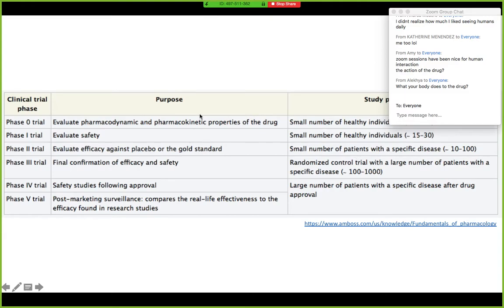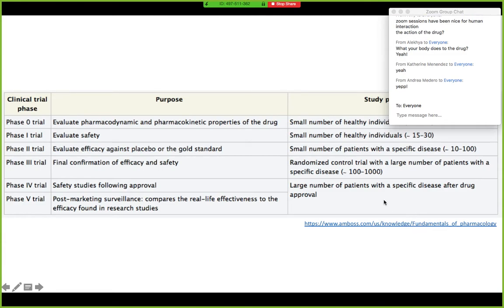Okay, so I got this chart from Amboss, and did anybody watch Morgan's video that was posted by Caleb? Morgan's video, like his advice about being a Mediasider.